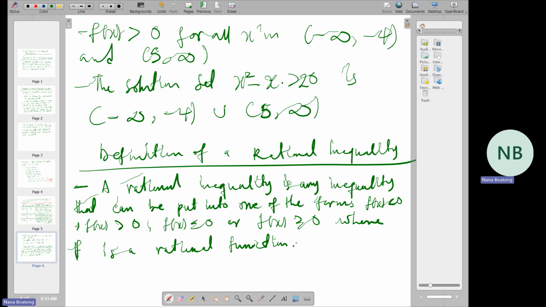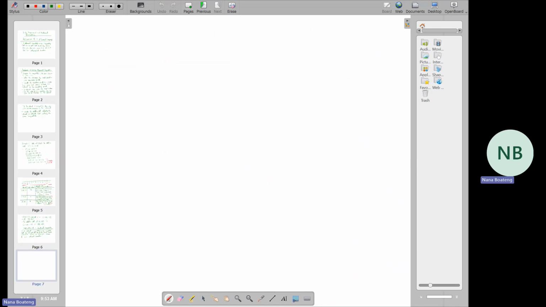All right, so let's use an example to illustrate what a rational function inequality is. So this will be our example 2.